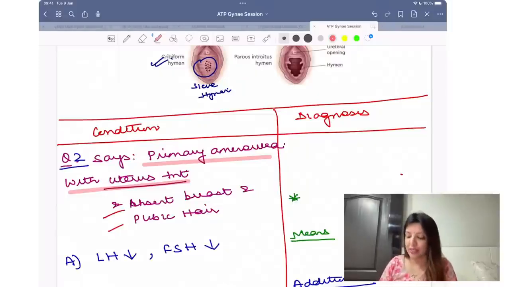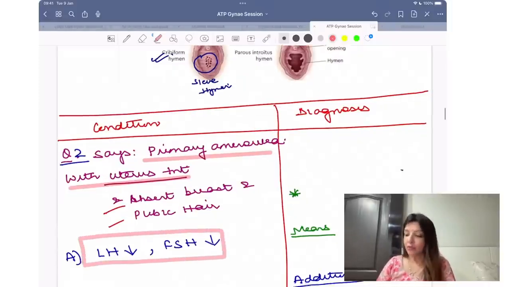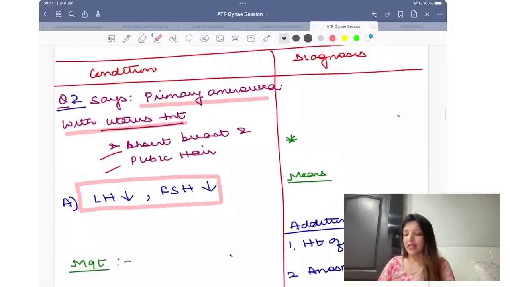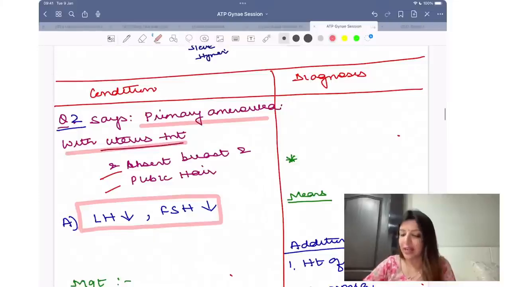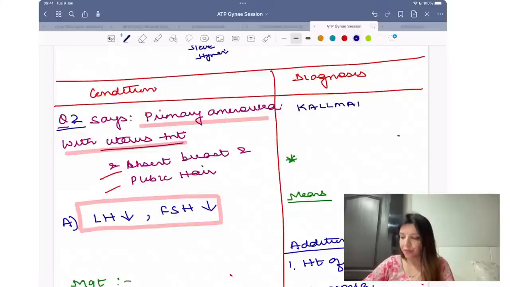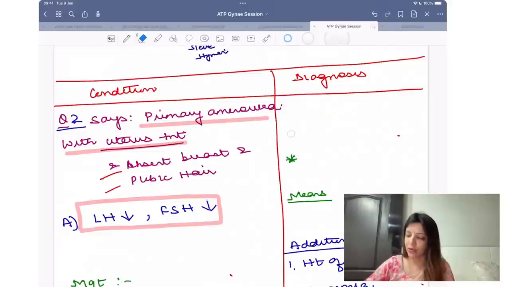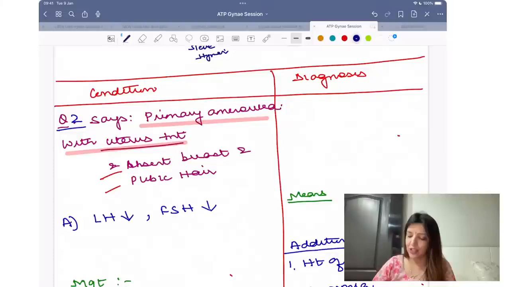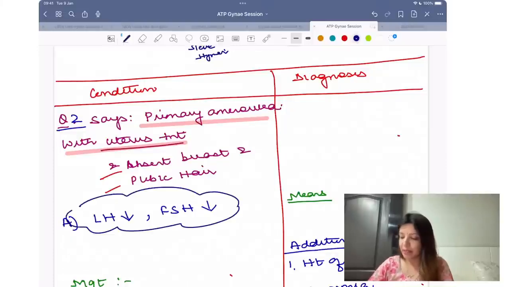One condition, if they say LH and FSH are decreased. Now the moment they say LH and FSH decreased, that means they are talking about Kallmann syndrome. Okay, here I am writing LH, FSH decreased means they are talking about Kallmann syndrome.